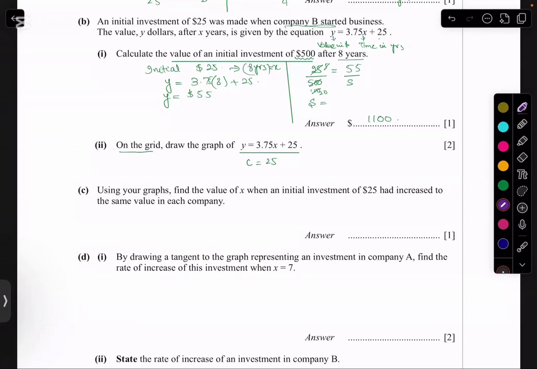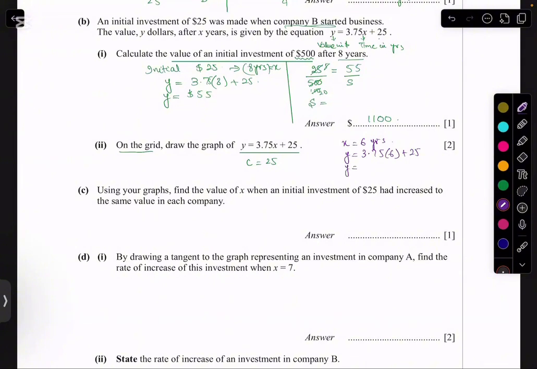to just make the graph, I can say, let's have X as 6 years. So substituting X as 6 years, I can say it's 3.75 into 6 and then plus 25. And then what is this value?